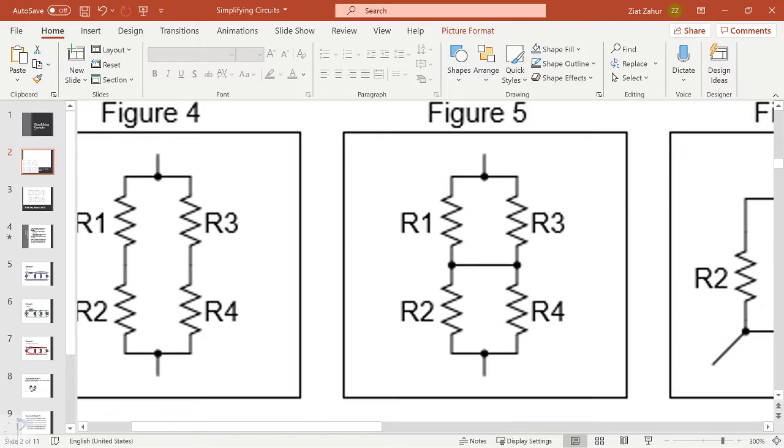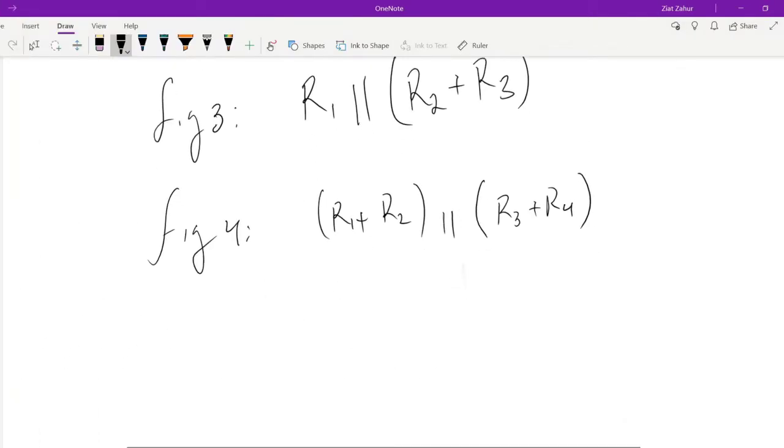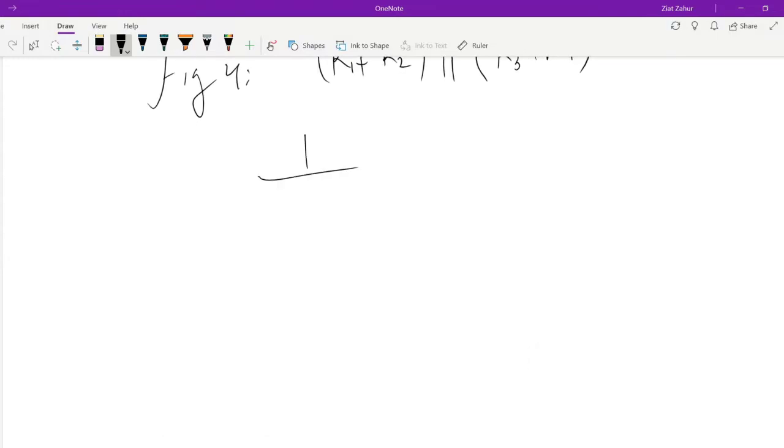So let me demonstrate. We have 1, 2, and then there's this line here, and then 3, 4.